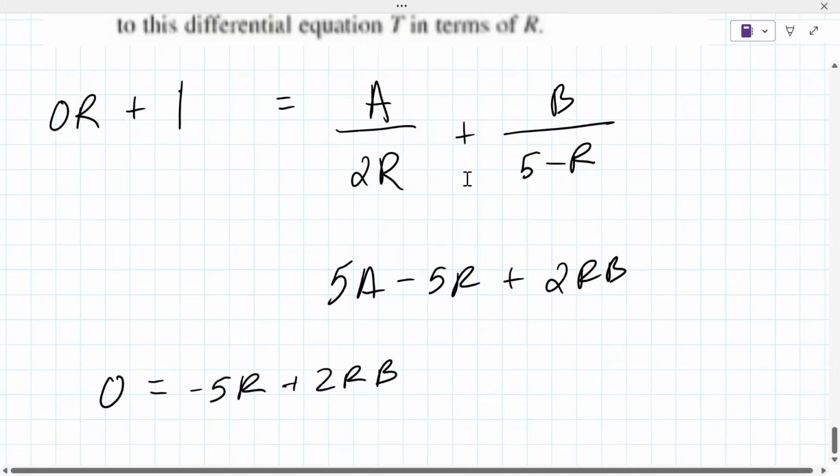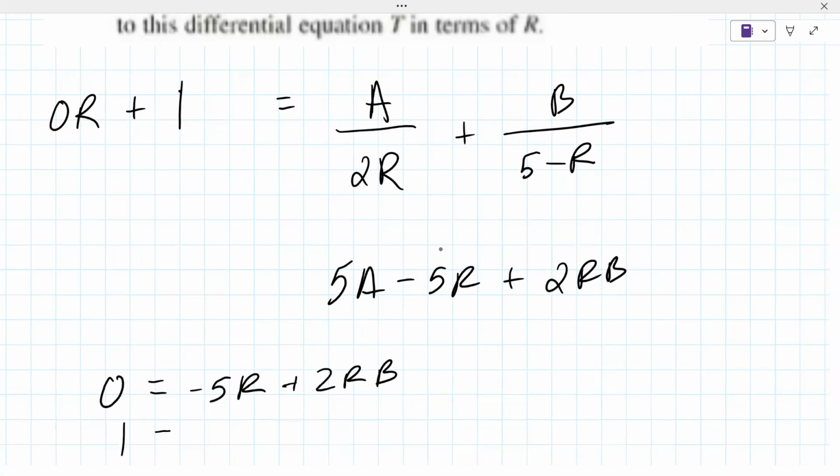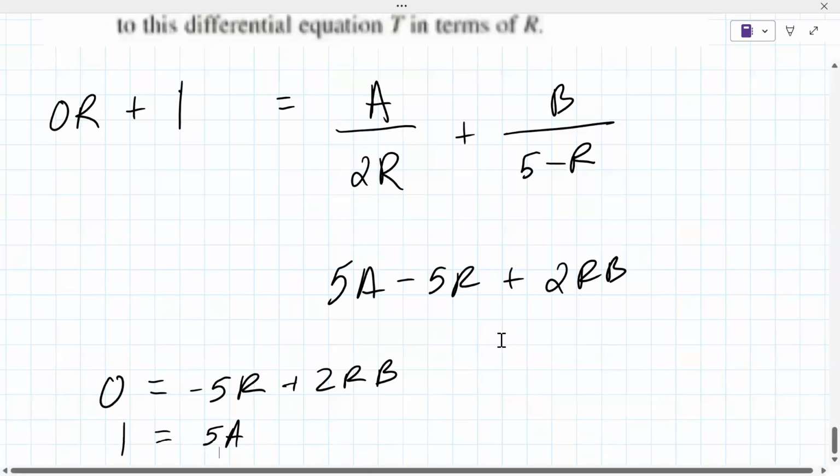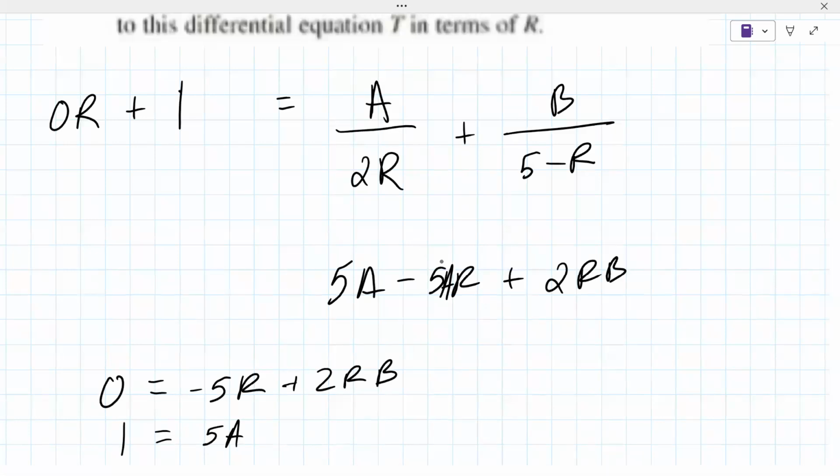Why am I struggling here? And then 1 equals 5a. That doesn't look right. All right. Well, so the answer here is you have to break this apart. 5a minus, oh, that's why. Whoops. 5a minus ar. That's why we're struggling.